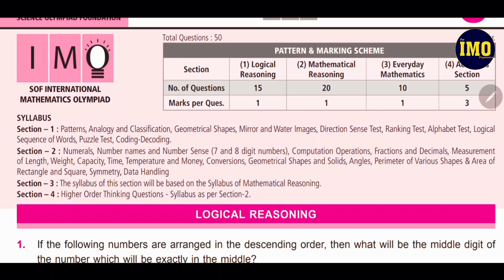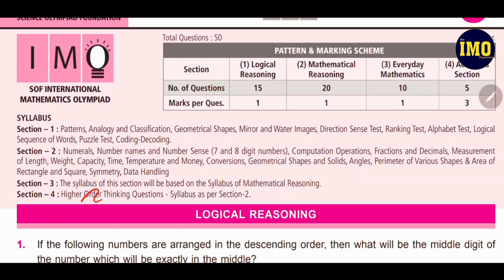In section 2, we need to learn about numeral value, number names, number sense, 7 and 8 digit numbers, computations, operations, fractions, decimals, measurement, length, weight, capacity, time, temperature, money, conversions, geometrical shapes and solids, angles, perimeter and various shapes and area, rectangle and square, symmetry, data handling.